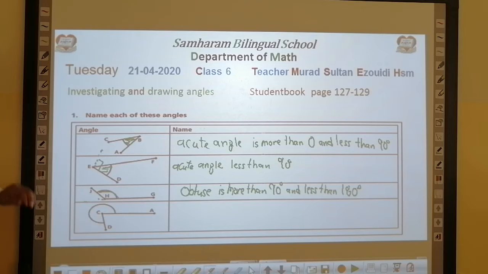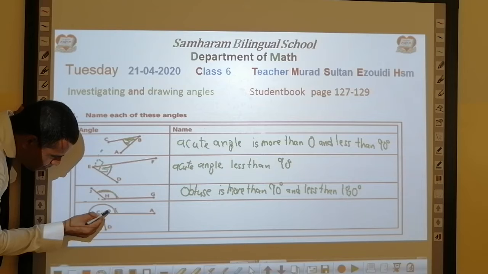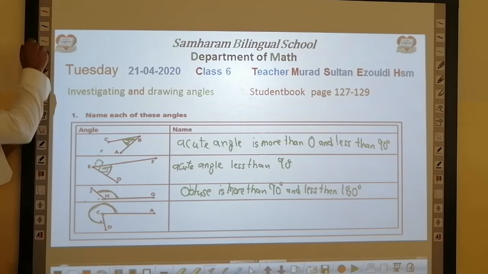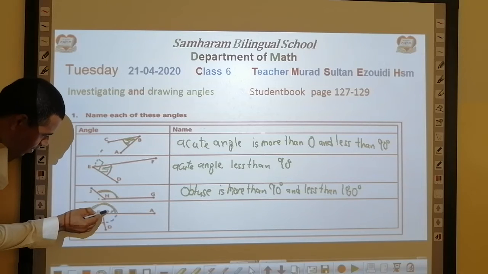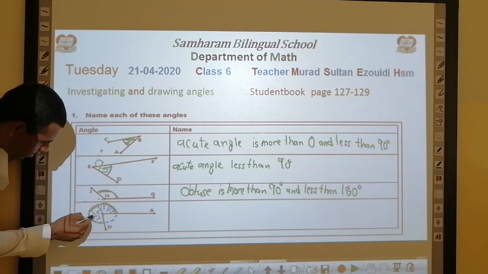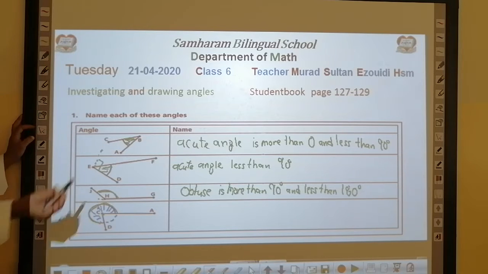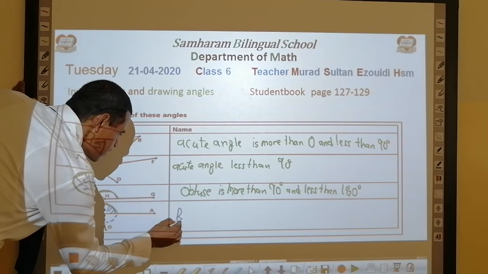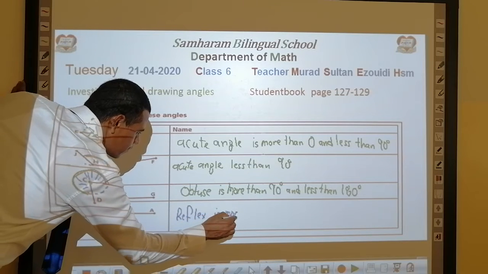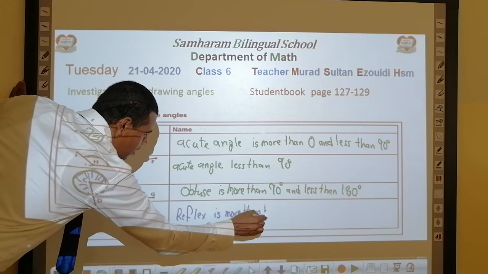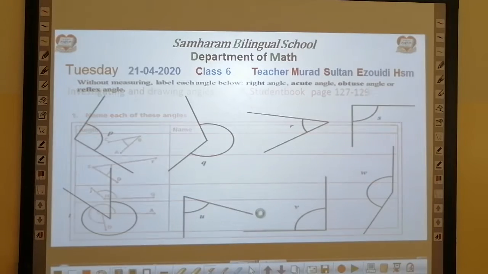And for this one, you can see this one is around the point. Around the point is 360. It means the size of this angle at the vertex C is called reflex. Reflex means more than 180 degrees. So a reflex angle is more than 180 degrees.